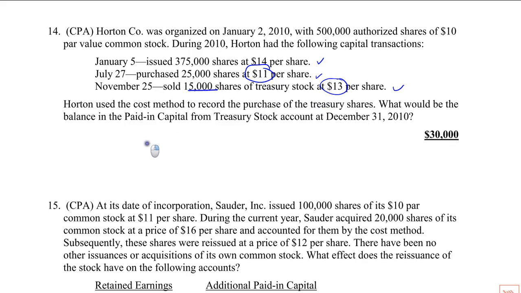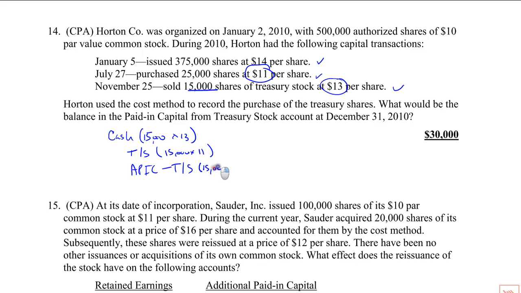So what's going to happen is the journal entry will look something like this on the sale. They're going to receive cash, which is 15,000 times 13, and they're going to take out treasury shares at 15,000 times 11, because remember, you take them out at cost, and you're going to need additional paid in capital treasury stock, and you can see the difference is $2.